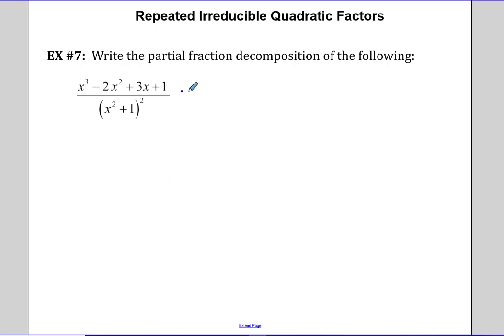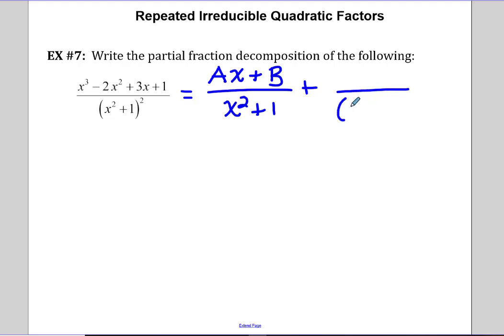is, let's see, we can have x squared plus 1, and we need a power less than 2, so Ax plus B, and then it could be x squared plus 1 squared, so a power less than that would be Cx plus D, because this power is quadratic, so we need a linear factor.